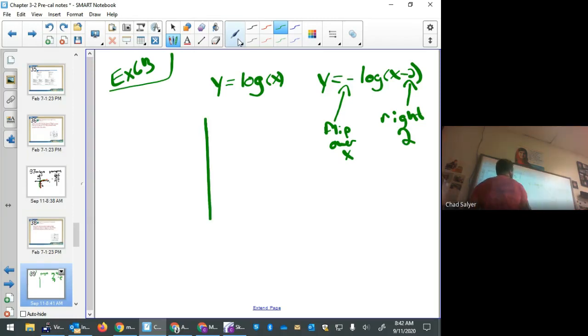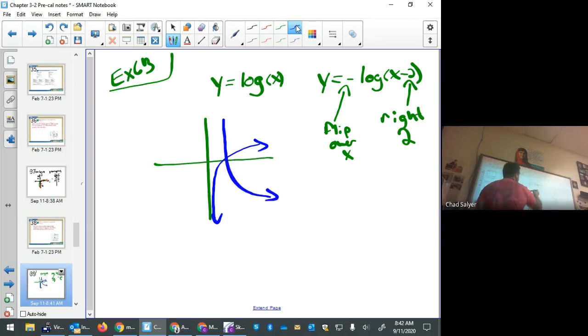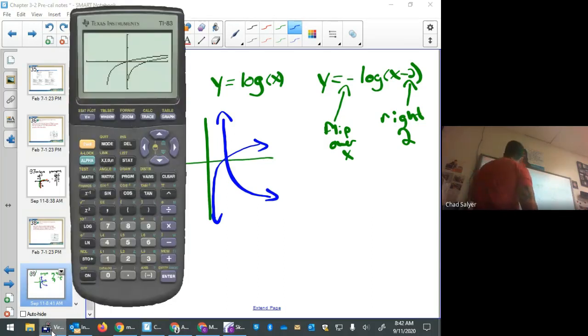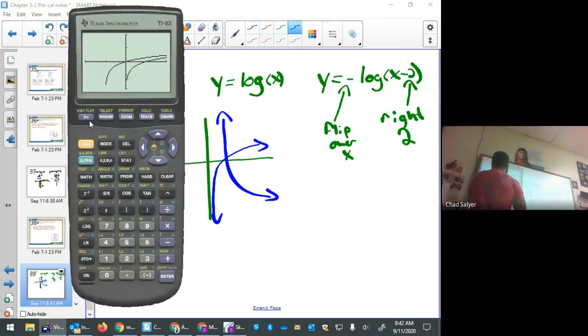So I'll just do a more quick sketch here. And we're going to flip this over the x and go right 2. So it's going to be something like that. Let's see how the calculator feels about it.